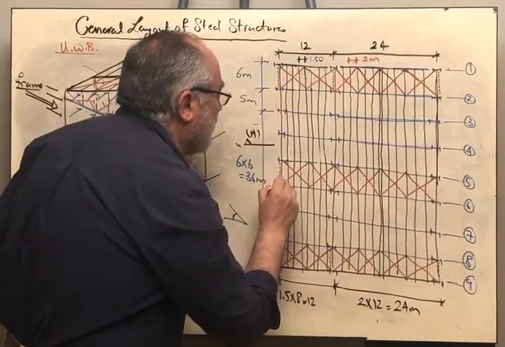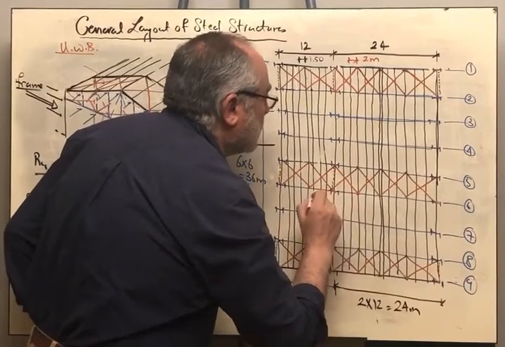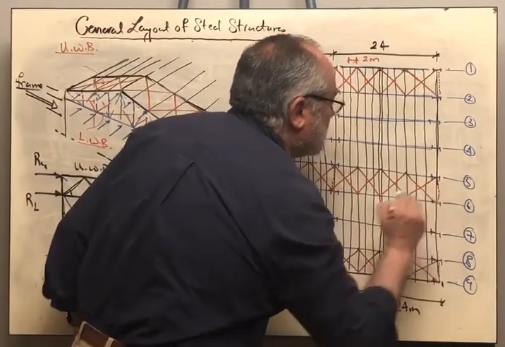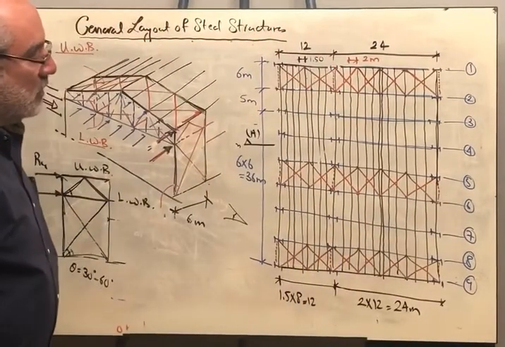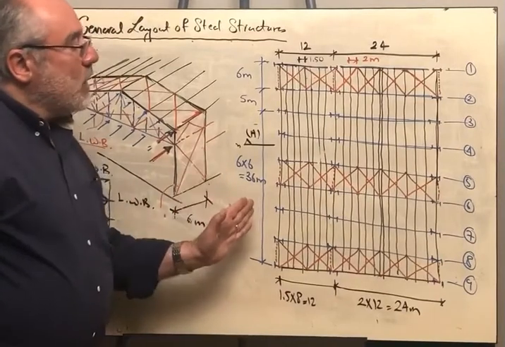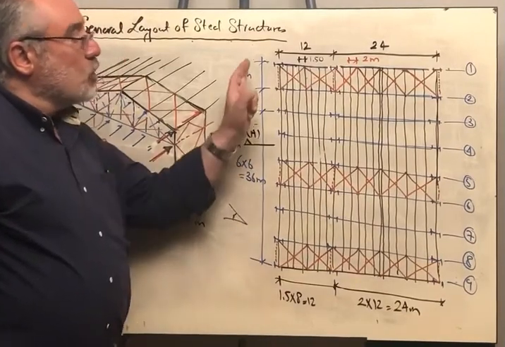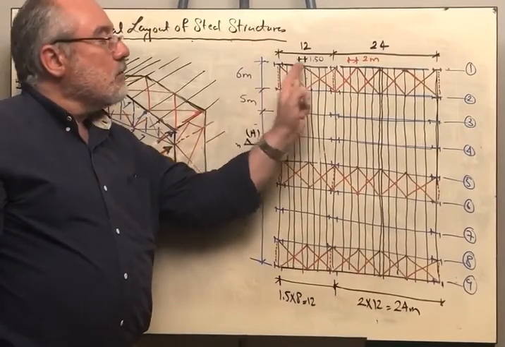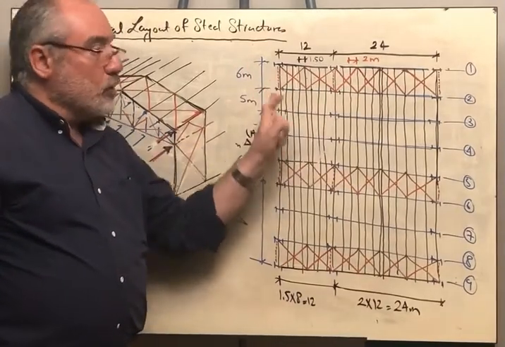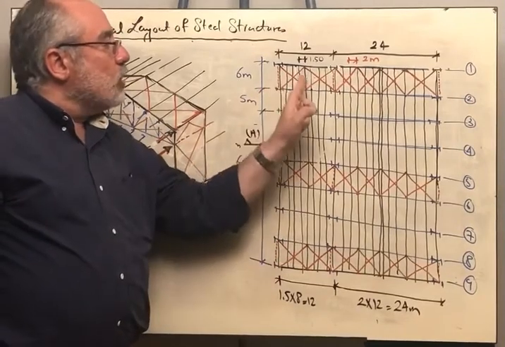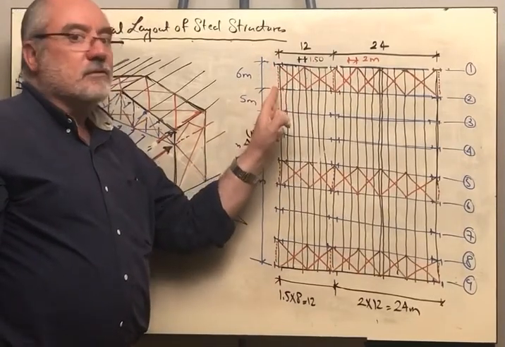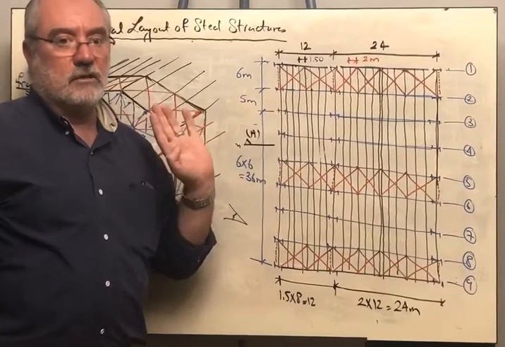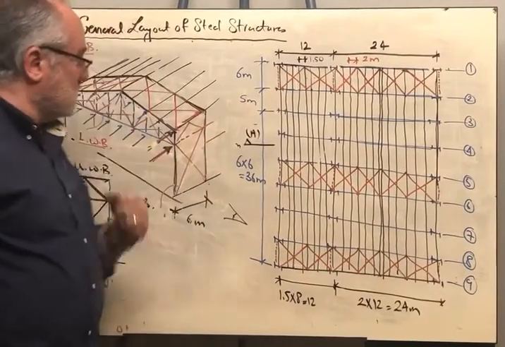And whenever we draw the horizontal bracing, we have to indicate the vertical bracing. This is a good plan that is showing us the columns. Write with me, please. The columns, the main system, the purlins, and the horizontal bracing, and the indication of the vertical bracing. One thing remains.